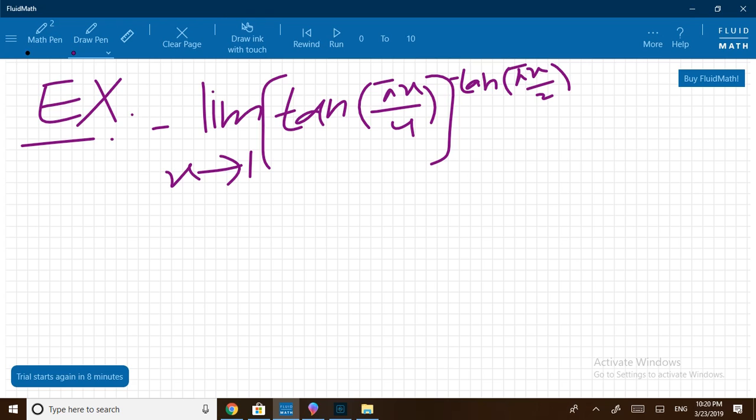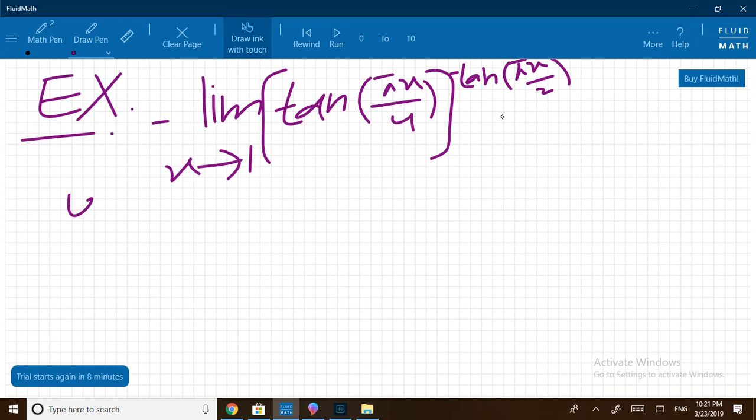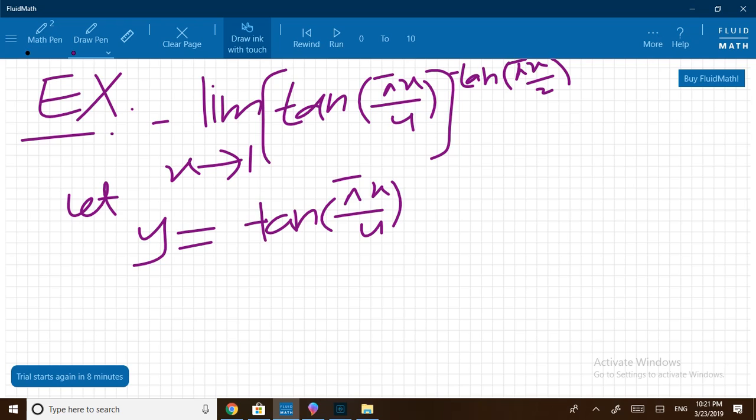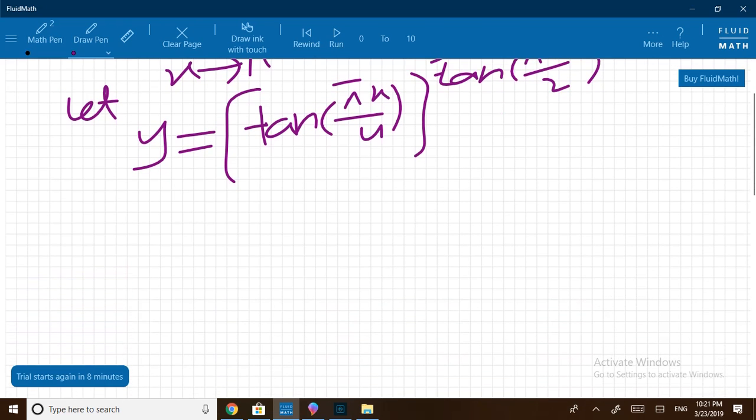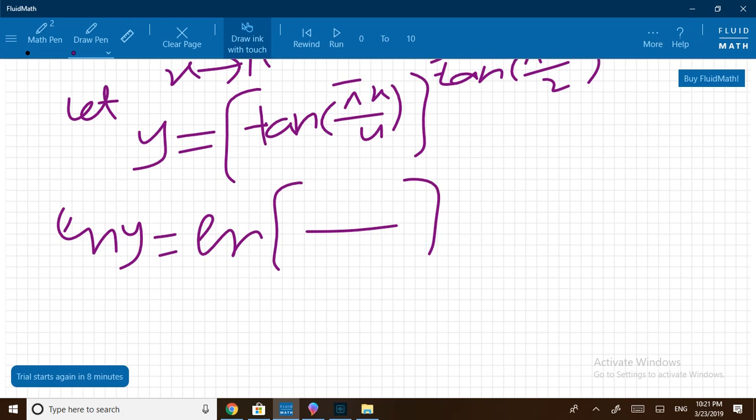Let y equal tan(πx/4) raised to the power tan(πx/2), and by the property of taking the natural log on both sides, natural log of y is equal to the natural log of whatsoever this is.